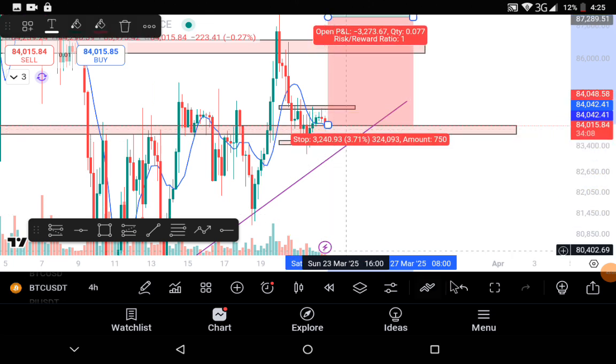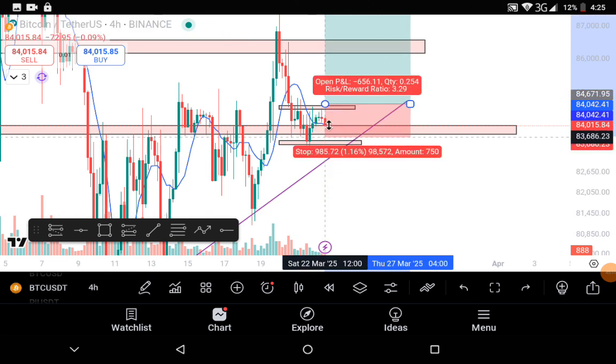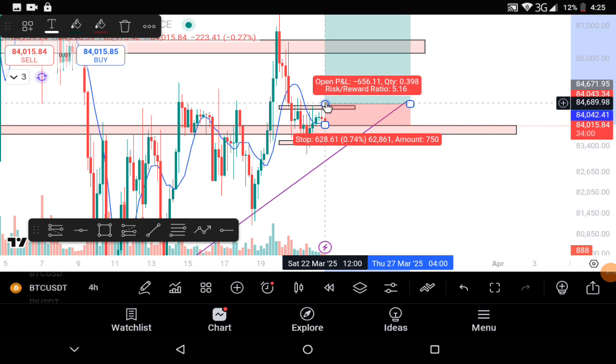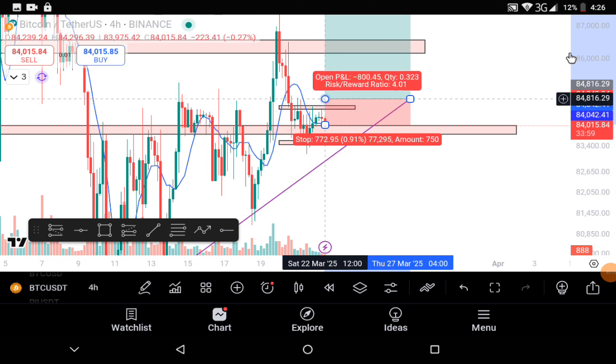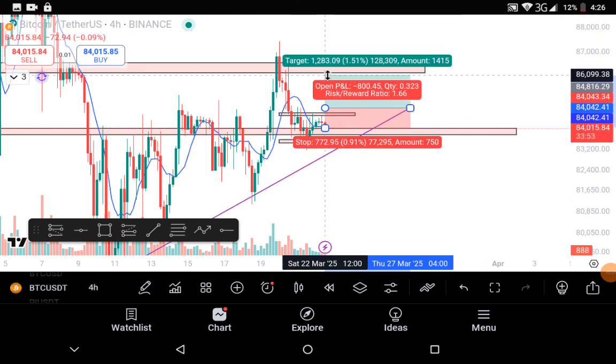And if price should trade below here, this is a very risky trade, because it's also very close to the trend line.